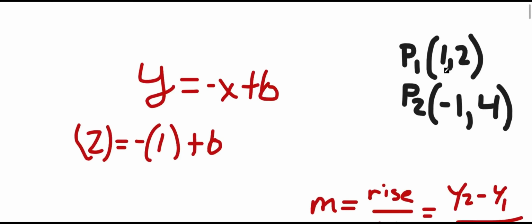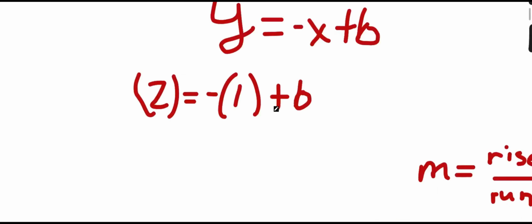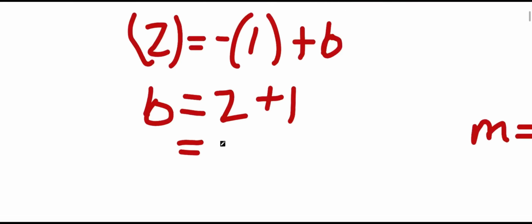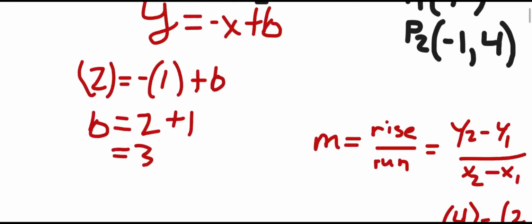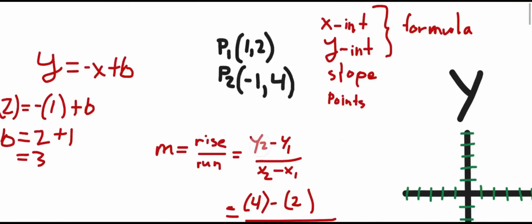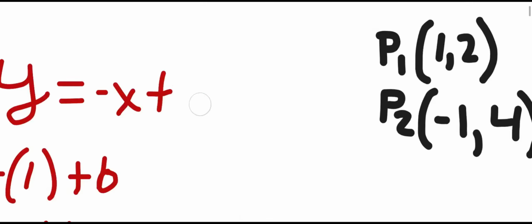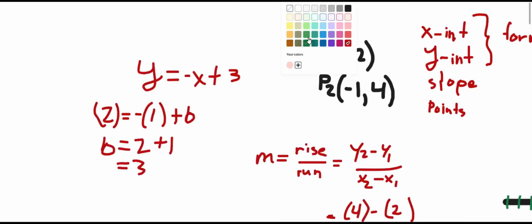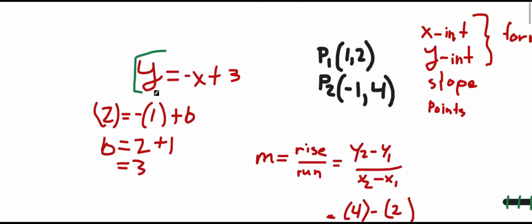So I just substitute the values from one of the points to get it. And then I isolate for b. So b is equal to 2 plus 1, which is equal to 3. So now you have the formula for the line.